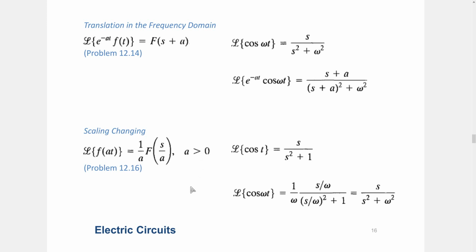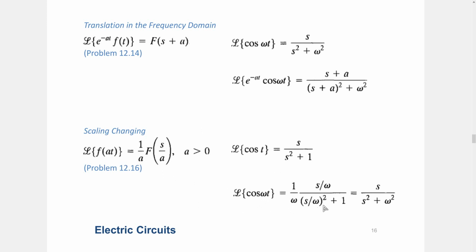For cosine t, we can simply do the math, and we will obtain s over s squared plus 1. And for cosine omega t, I can use this property. I just need to write down 1 over omega, and substitute s over omega in the place of s.